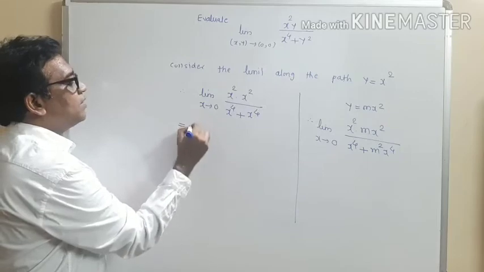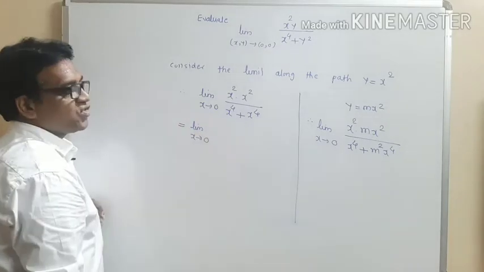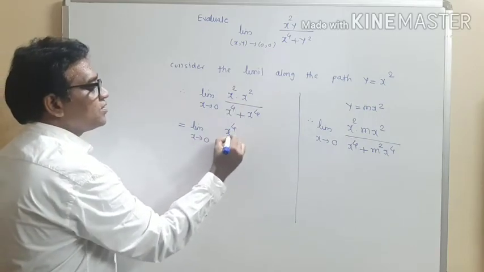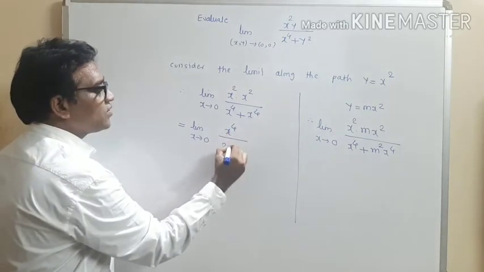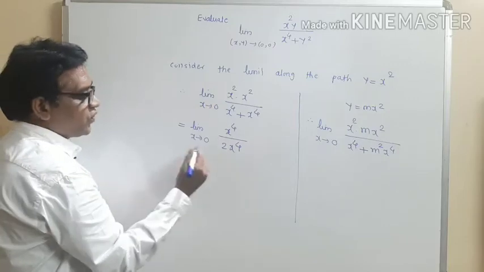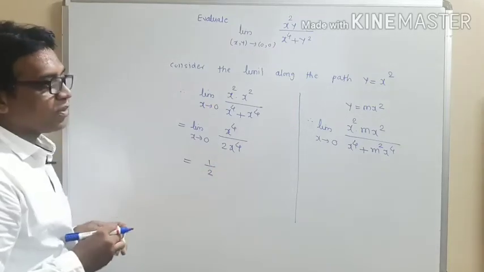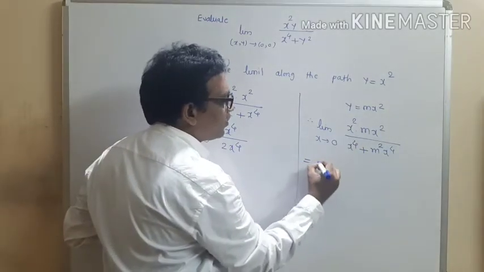So simplify this limit. Limit x tends to 0. Now x square into x square, this is x raised to 4. X raised to 4 plus x raised to 4, this is 2x raised to 4. X raised to 4, x raised to 4 get cancelled. So this is 1/2. Now if we take y equal to mx square, then this is our calculation.